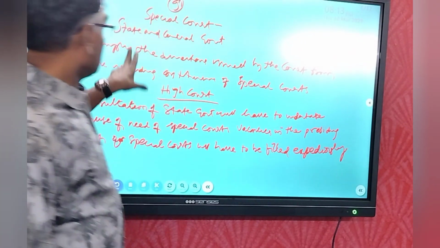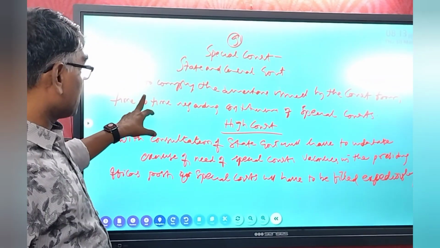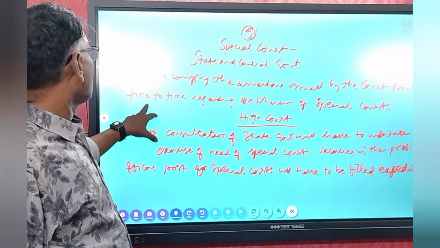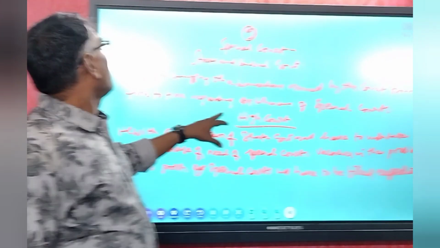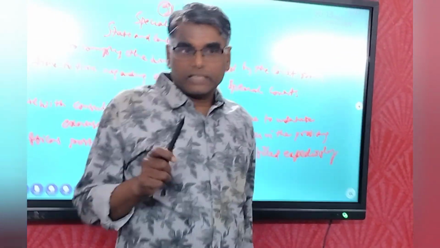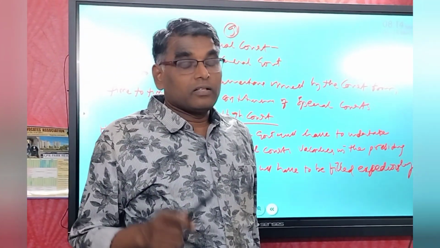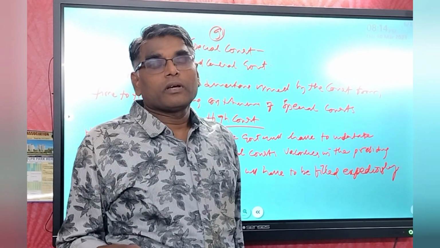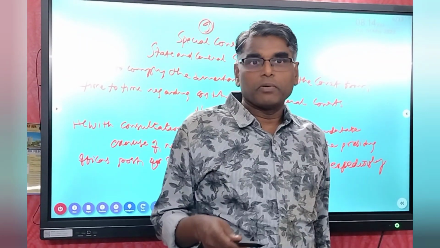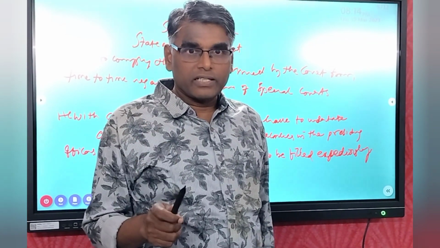For that purpose, the Supreme Court directed the central government and state governments to comply with the directions issued by the court from time to time regarding constitution of special courts. That means, when there is a requirement of constituting a separate court through a separate act, they have to constitute it. Whenever any High Court or the Supreme Court directs from time to time to create such special courts, the state or central government has to create them.